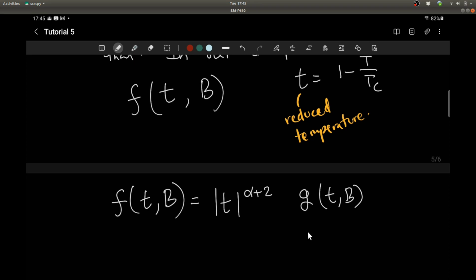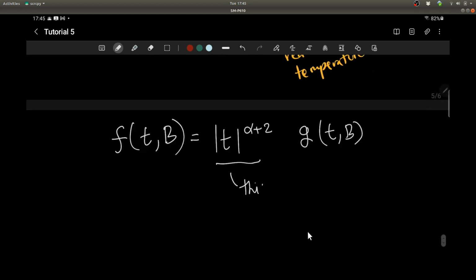Of course, it looks very, very complicated, but it will have one term in that thing. We'll have d square f by dt square. Okay, it'll have two derivatives and it should become like mod t power alpha, and that's what this term is doing. So this captures the exponent alpha completely. Okay, so far so good. I've not done anything deep, right? I'm just saying the g of t, b.